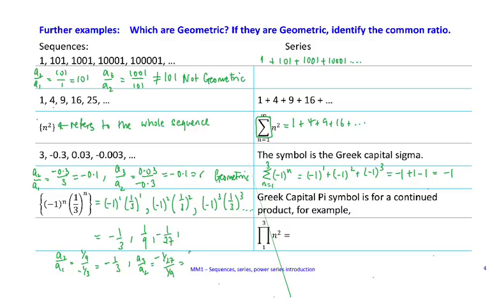So that's 9/27 negative. Is this geometric? If I flip this, 1/9 times 3/1 is 3/9, which is minus 1/3. Okay? So this one here.